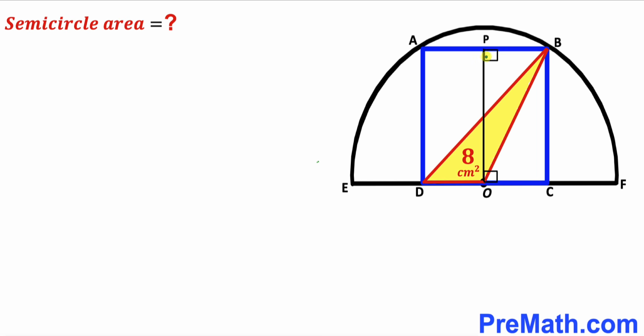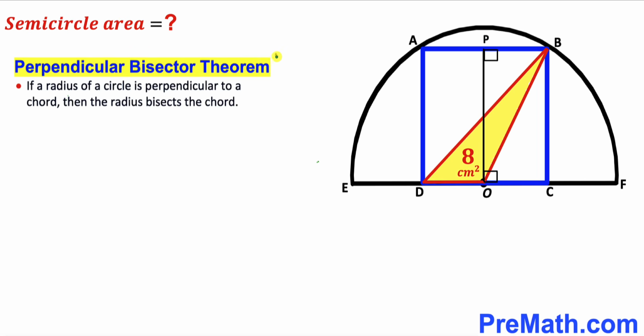And in this next step, I have dropped this perpendicular OP on this chord AB. And now let's recall the perpendicular bisector theorem. According to this theorem, if a radius of a circle is perpendicular to the chord, then the radius bisects the chord. So no wonder this perpendicular OP bisects this chord AB into two equal segments, AP and BP.